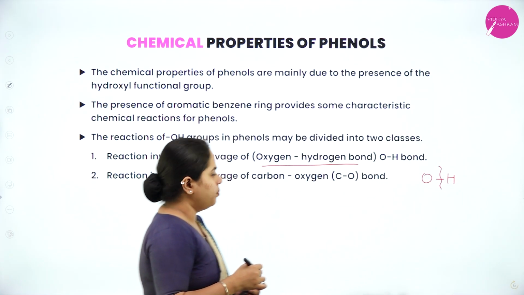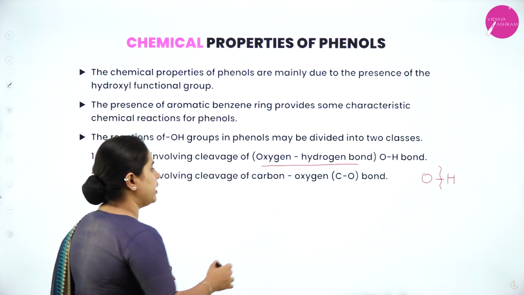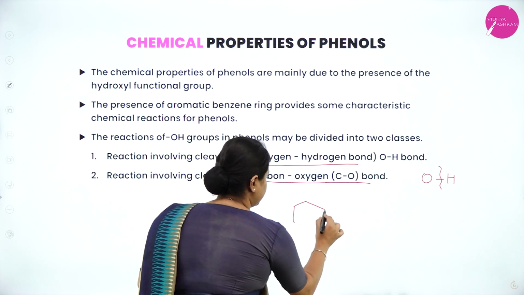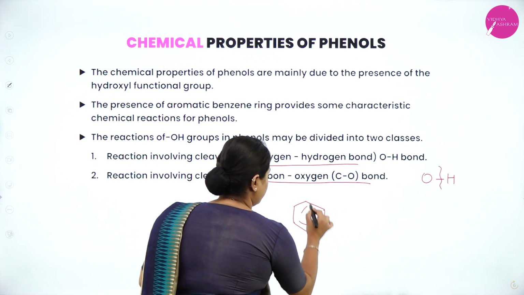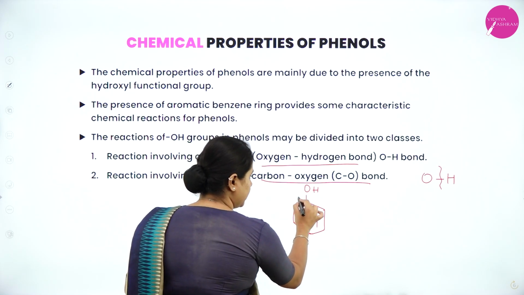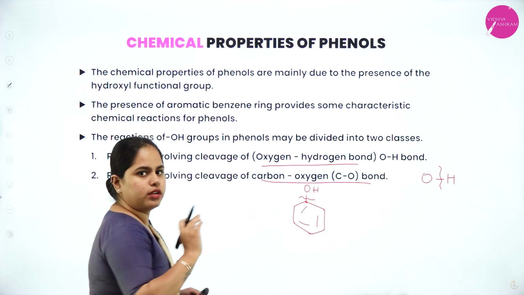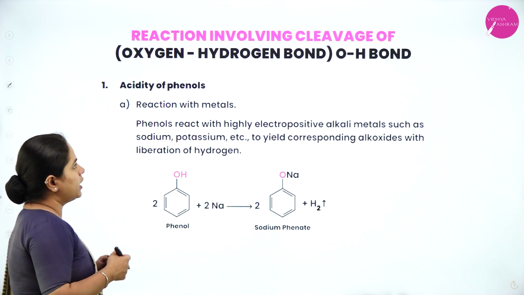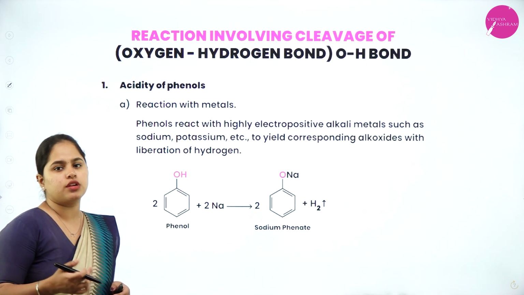Next, reactions involving cleavage of the carbon-oxygen bond. For example, let us take phenol. You have your carbon here and oxygen here, and this bond breakage also gives a set of reactions. First let us begin with reactions involving cleavage of the oxygen-hydrogen bond.